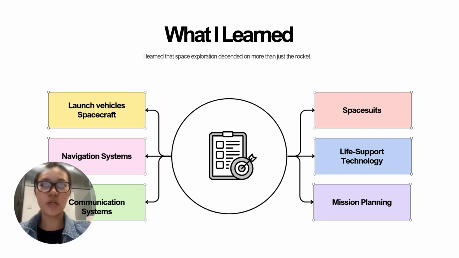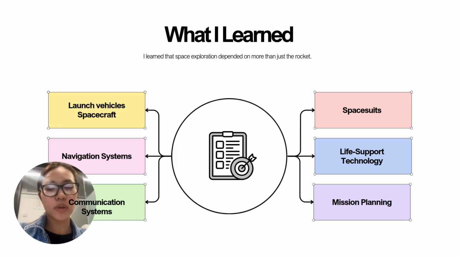One thing I learned from exploring the Smithsonian resources is that space exploration requires much more than simply building rockets. In order to build a rocket, you need hard skills in computer science, mathematics, and physics, but mostly physics and mathematics.